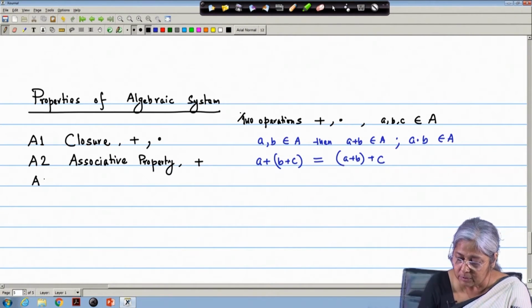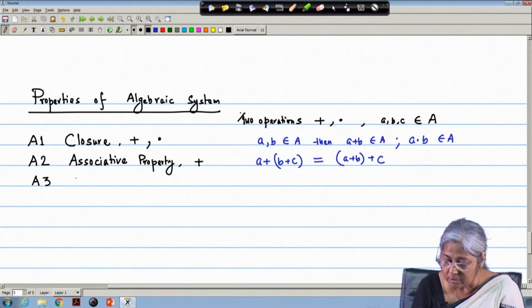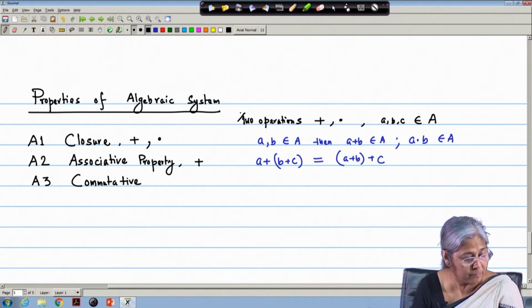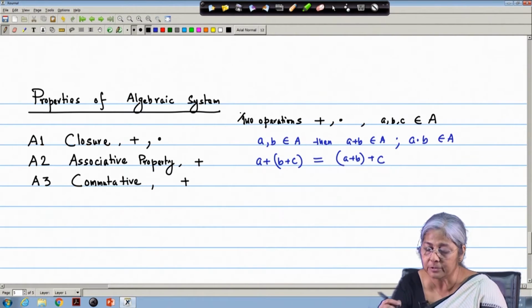Now, I write property A3, which is commutative with respect to addition.